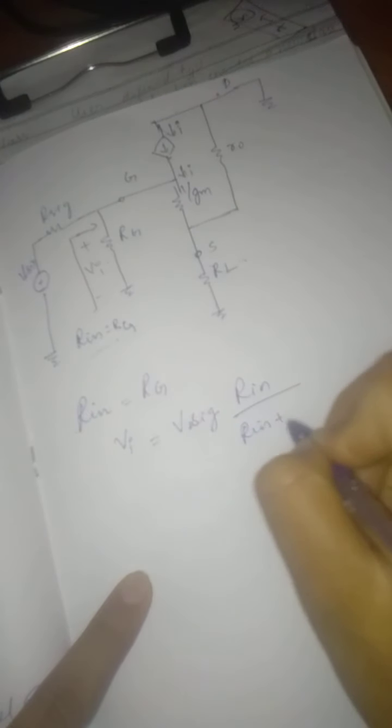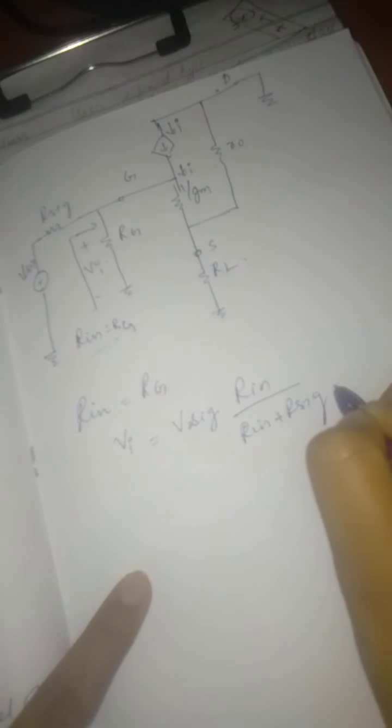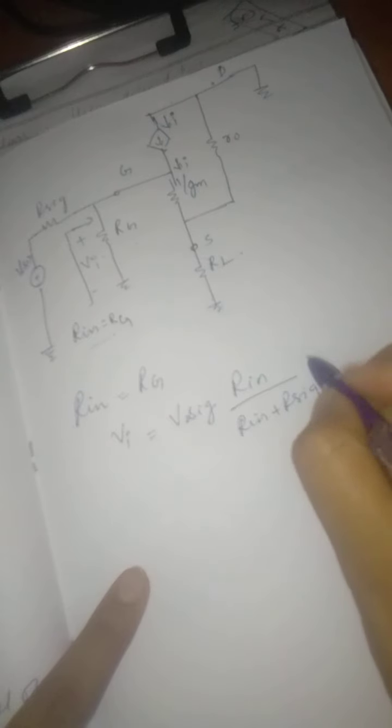Now what about the input voltage Vi? The same logic holds good. Vi will be nothing but Vsig into Rin by Rin plus Rsig, the sum of these two resistances. So this is my input signal. Here Rin is nothing but Rg again, so let me change it.